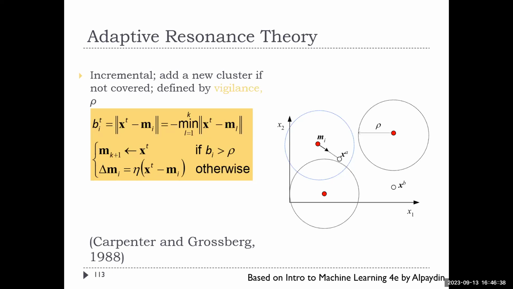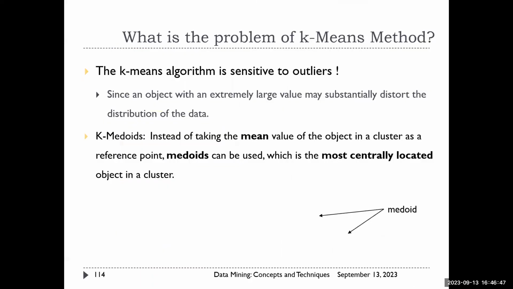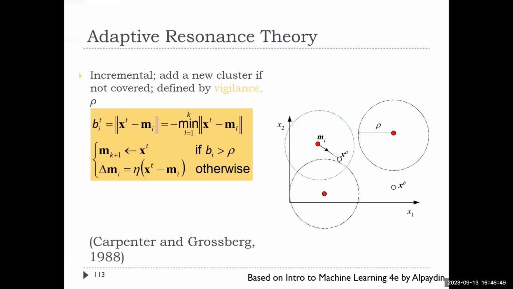You don't specify the number of clusters, but you specify how close or how far the clusters should be. That's adaptive resonance theory, and I can go over it next class. I'm going to cover it on Wednesday.